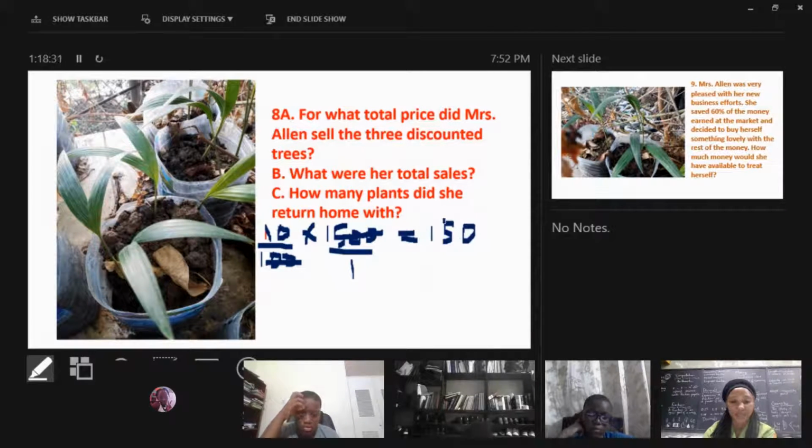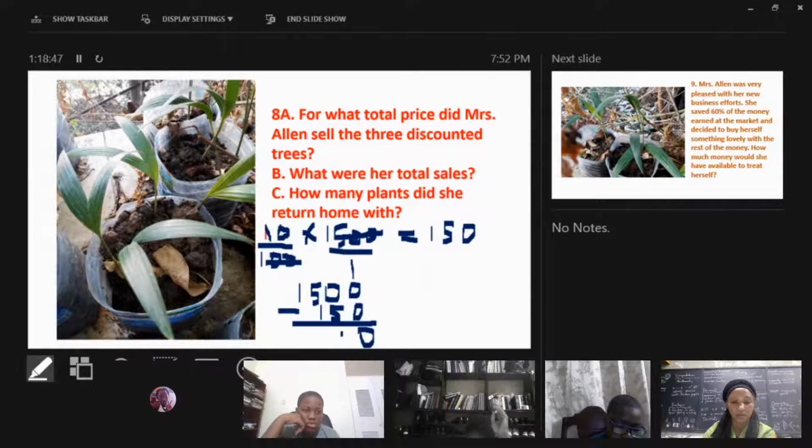We are to take the discount from the cost to find out how much she's selling for. So 1,500 minus 150 is $1,350. Okay, so $1,350 for each, and it's three of them.